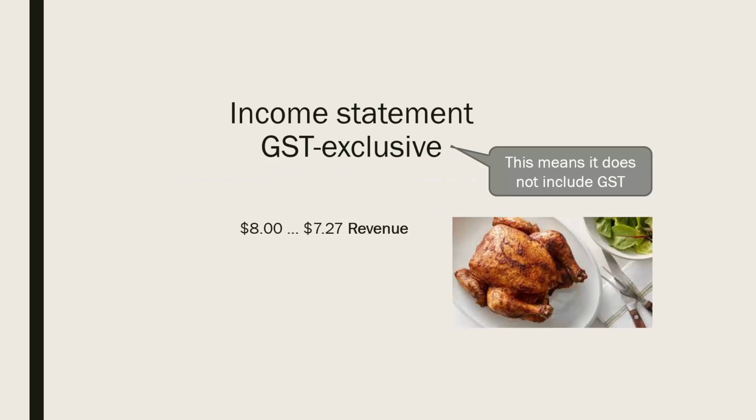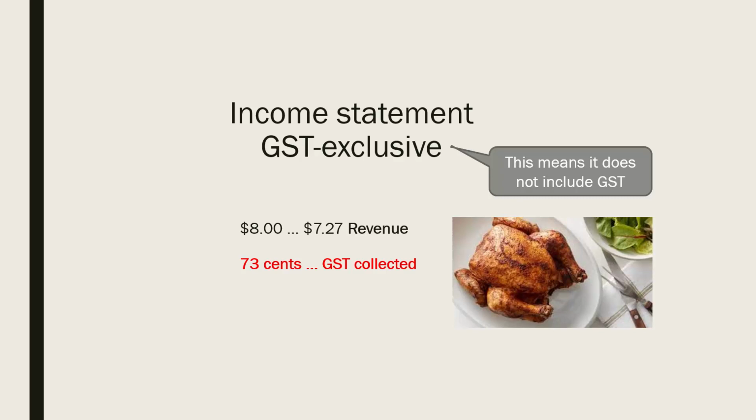The first tip is that typically all items in a firm's income statement are exclusive of GST. This means that when Coles sells you a chicken for $8, it will only include $7.27 as revenue. The rest, 73 cents, is the GST Coles has collected from you for the government.